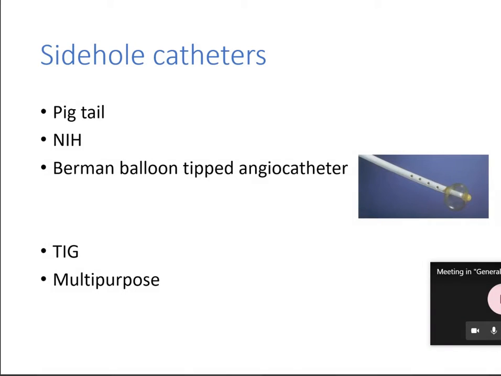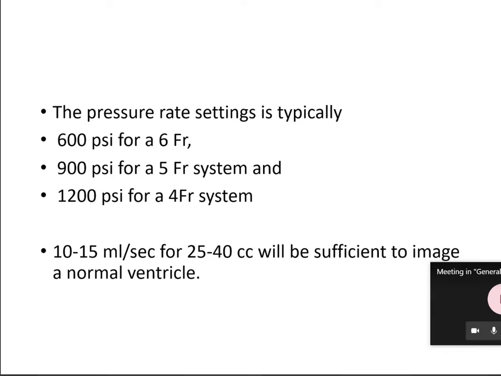Multi-purpose catheters can be used too. These are the common catheters which we are using. Now the pressure rating settings. Somebody will ask you what pressure rating you have kept for a particular angiogram. What is the unit? It is PSI. What is PSI?